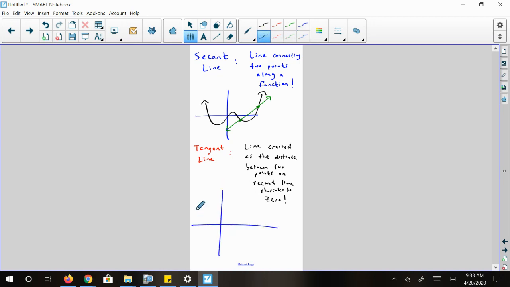Let's see if I can replicate this similar function here as to what we just saw. So if I was going to find the secant line between these 2 points, this is what it would look like.